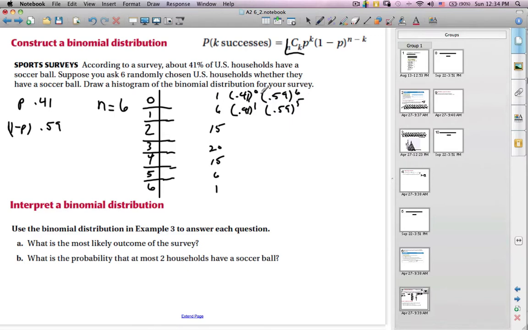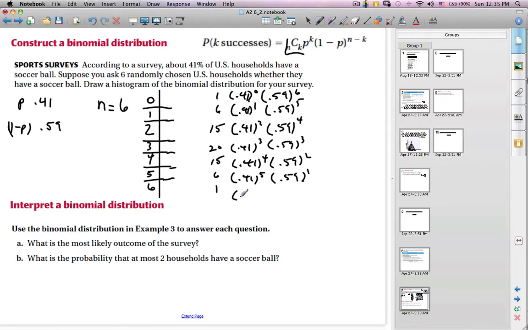And you'll notice, like when we were working with the binomial expansion, these are always going to add up to 6. 0.41 squared times 0.59 to the 4th, 0.41 cubed times 0.59 cubed, 0.41 to the 4th power, 0.59 squared, 0.41 to the 5th power, 0.59 to the 1st, and 0.41 to the 6th power, 0.59 to the 0 power.